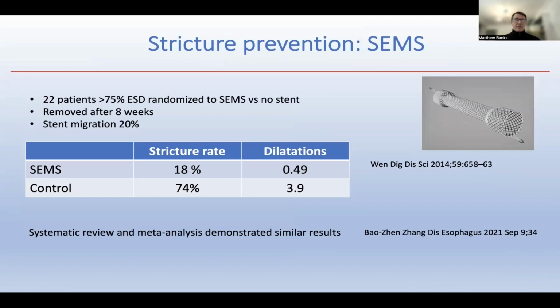Finally, the final technique for mechanical prevention of strictures is the use of self-expanding metal stents. And this study by Weng, 2014, showed, as you can see, quite substantial improvement in stricture rate from 74 to 18% and reduction in dilatations.